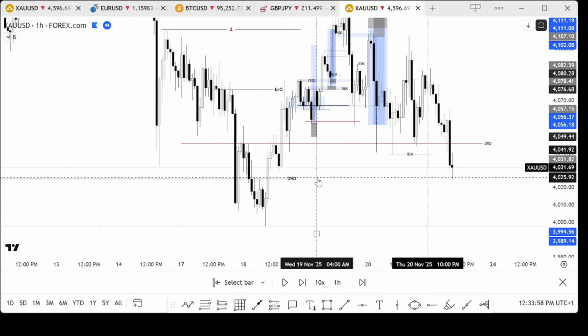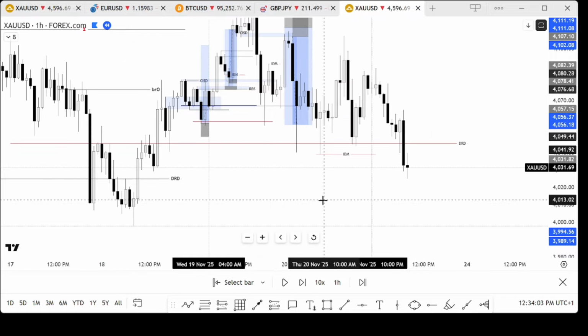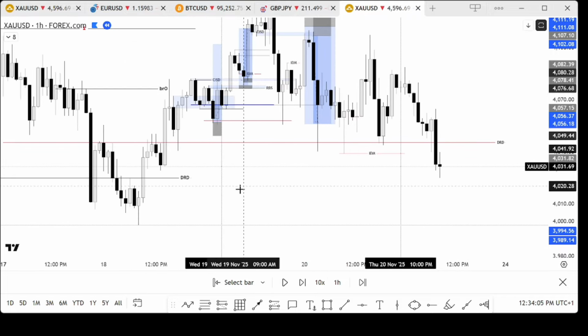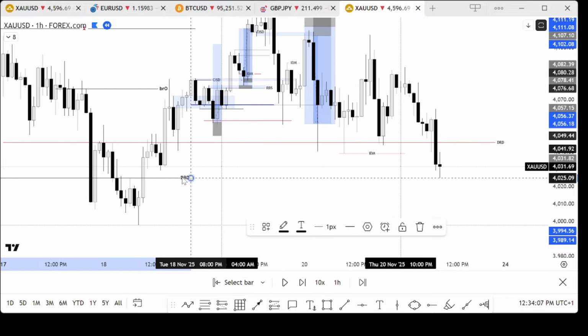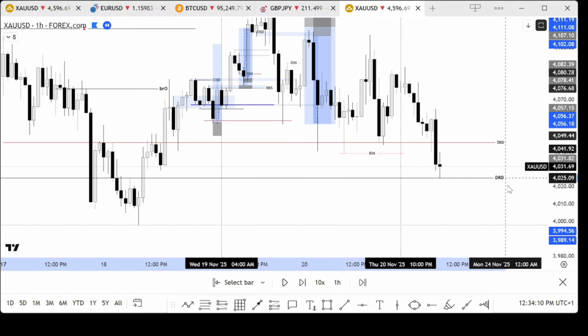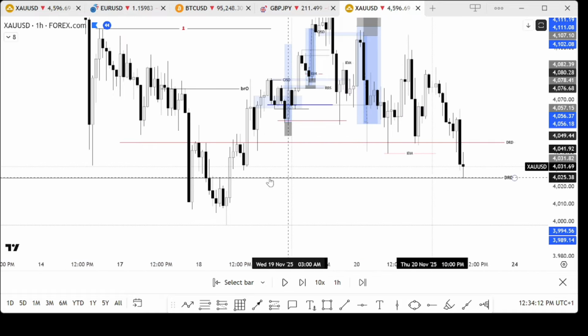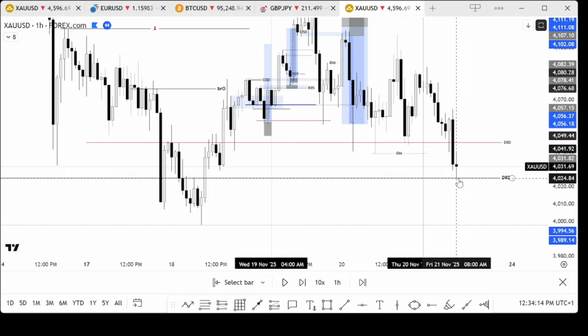So if all those equal lows are our inducement, where then is our point of interest? See this, that's a daily key level. On the daily, if we go to the daily time frame, you will notice that this is a V-shaped classic level. But that's not all.